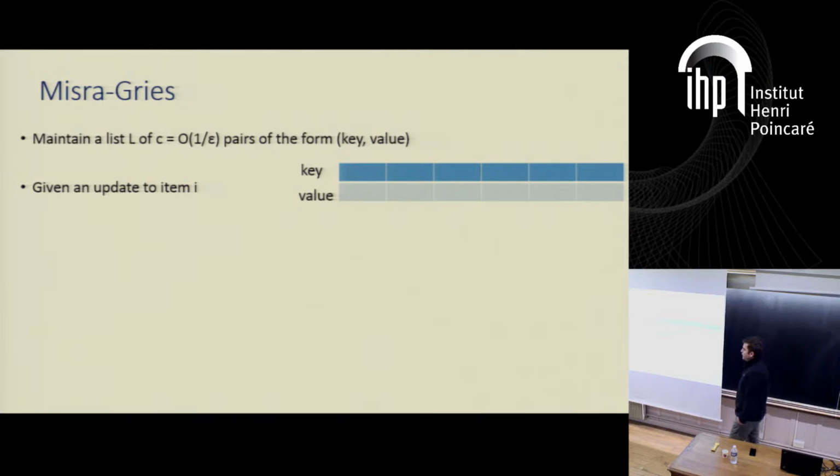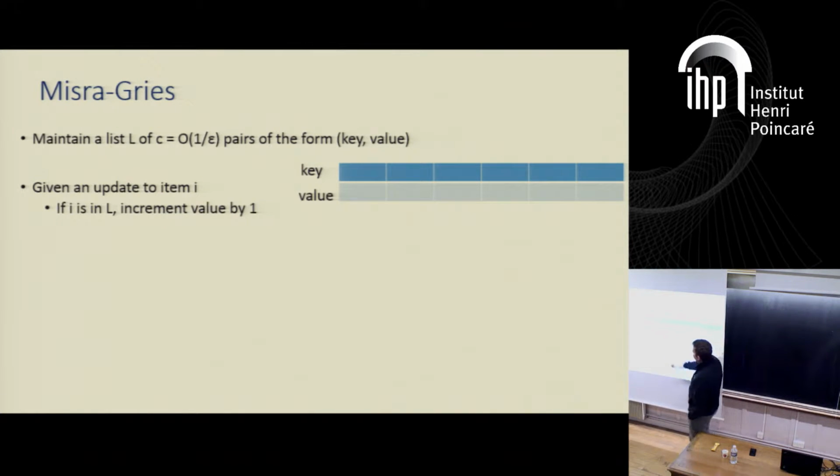Given an update to an item I in the stream, so I see an insertion of item I, what do I do? If I occurs as a key for some pair in this list, then I look at its value and I just increment it by 1.